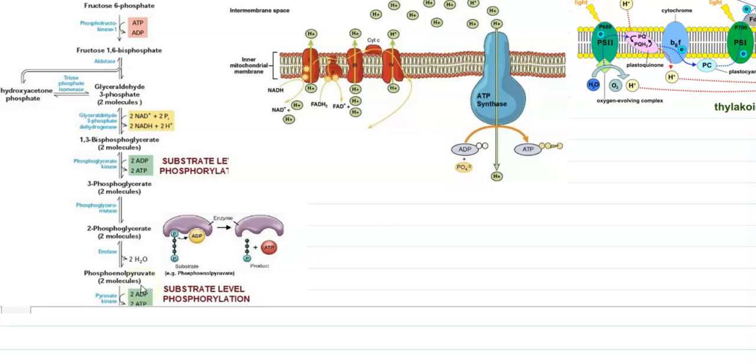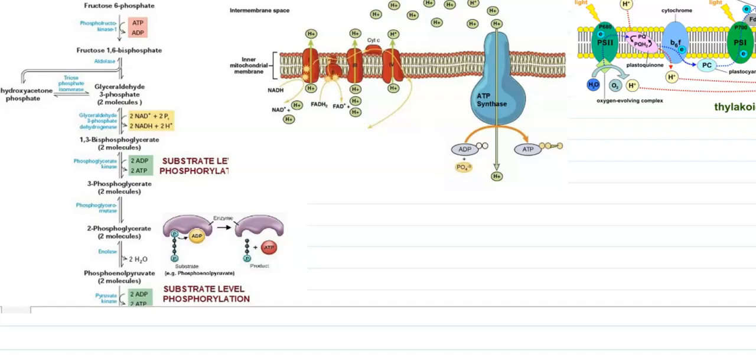Here the high energy phosphate carriers are phosphoglycerate as well as phosphoenol pyruvate, which donate their phosphate in order to convert ADP to ATP, and this particular phosphorylation is referred to as substrate level phosphorylation. That is, phosphate addition takes place just on the substrate level. There is no electron transport chain involved in the ATP production.